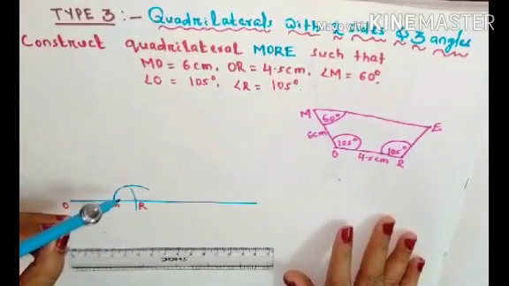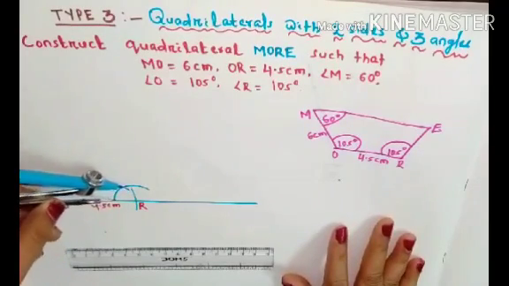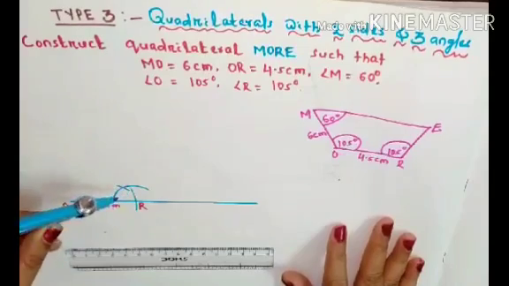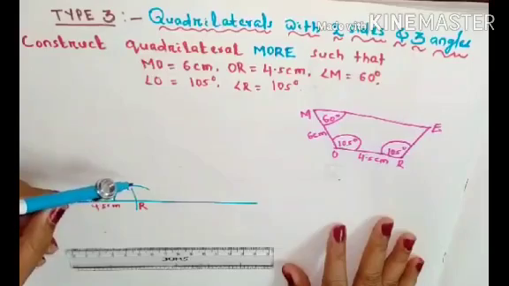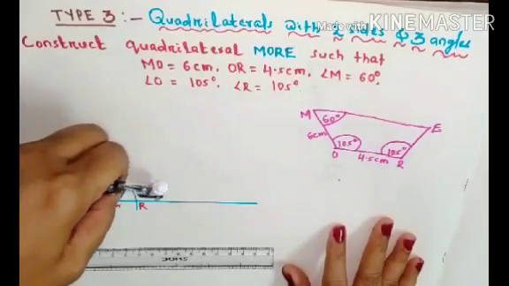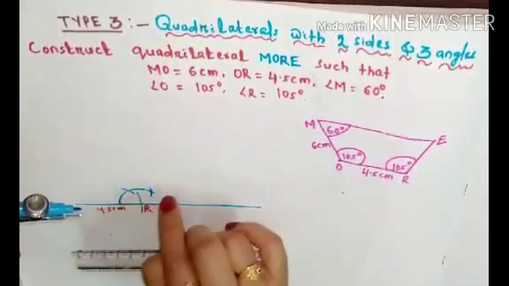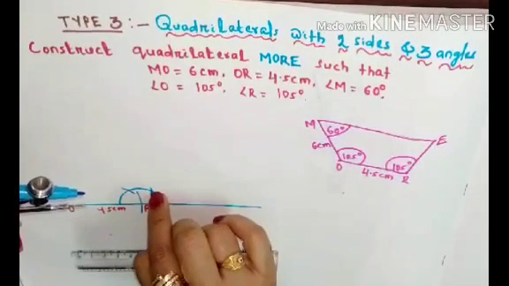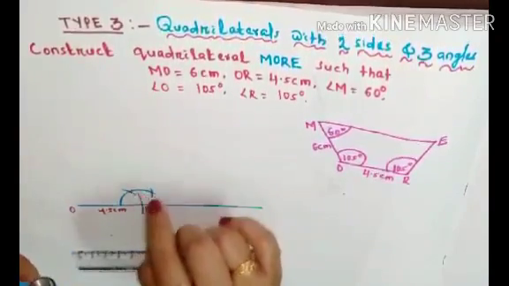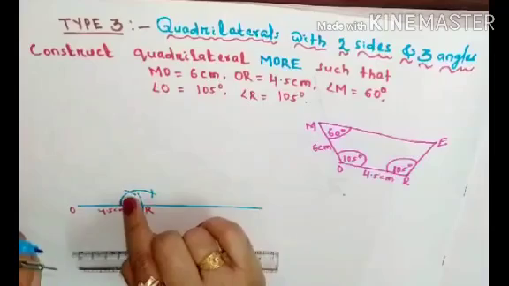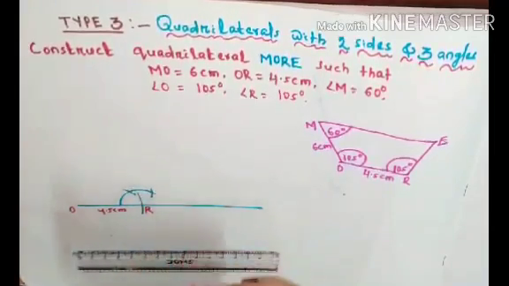Again taking this point as center, draw another arc, and as you know, the first arc is your 60 degree and the second arc is your 120 degree, but I need 90 degree. So if I bisect 60 and 120, then I will get my 90 degree.